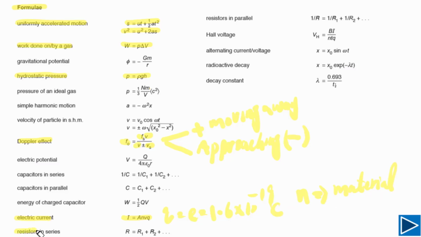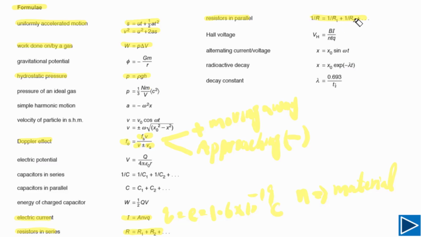Next one is about resistors in series. Very basic formula. Simply you need to add the resistance of all the resistors if they are connected in series. Then the last one is about resistors in parallel. If the resistors are connected in parallel, this is how you can calculate the resultant, meaning the total resistance of resistors in parallel.